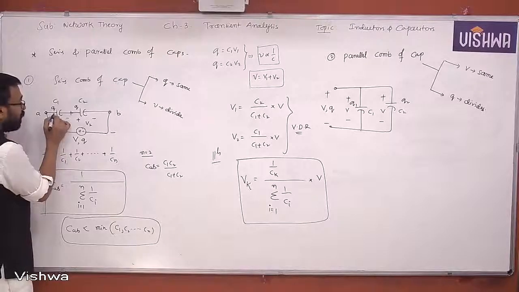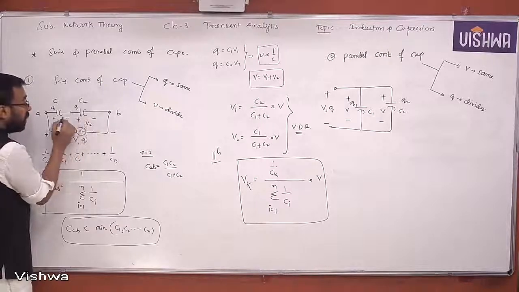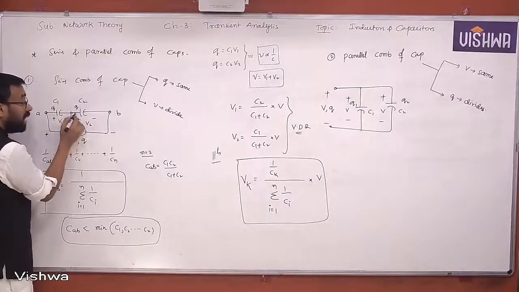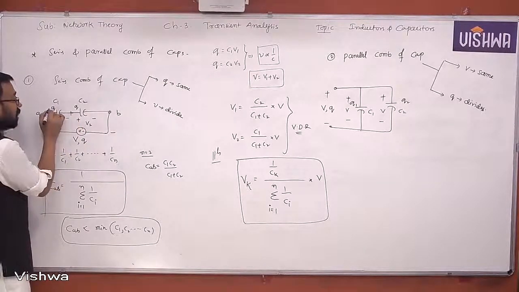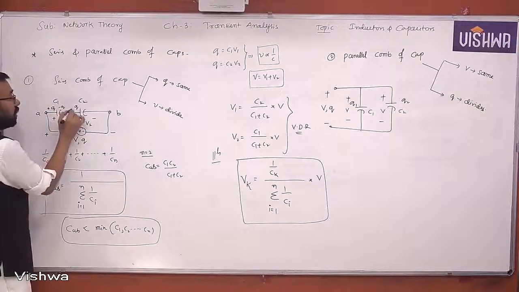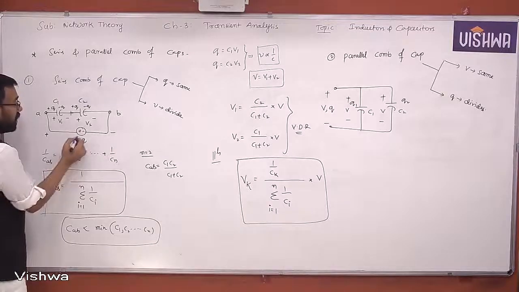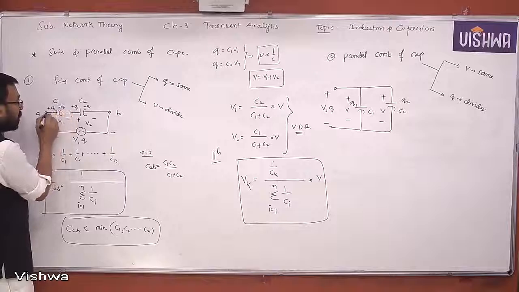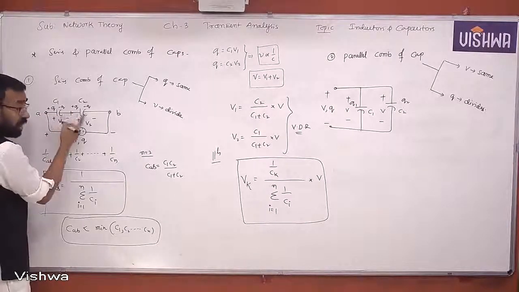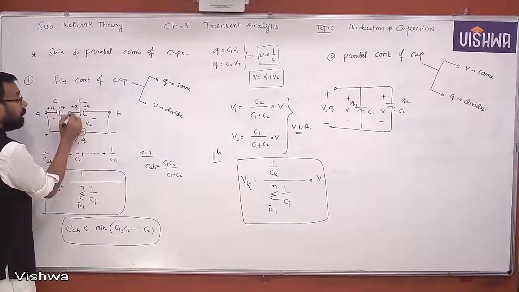What will happen here? This is plus, this is minus, and this is plus, this is minus. Now here, this is minus, this is plus, but the net charge becomes 0 again, because this is plus Q, this is minus Q, this is plus Q, this is minus Q. Here it is supplying the charge, here it is absorbing the charge, and the net charge becomes 0.